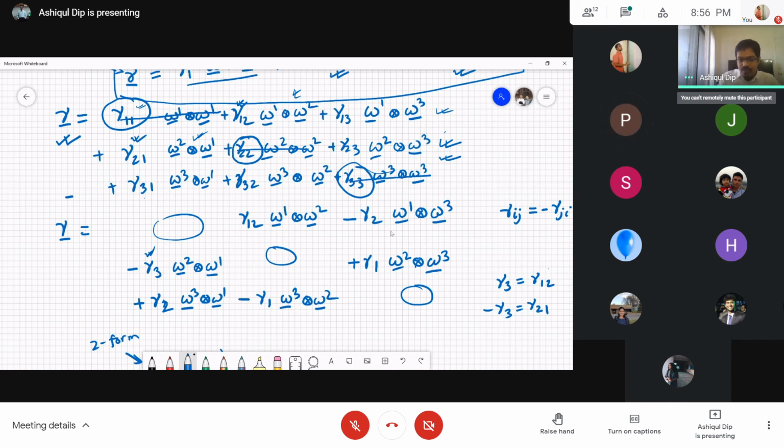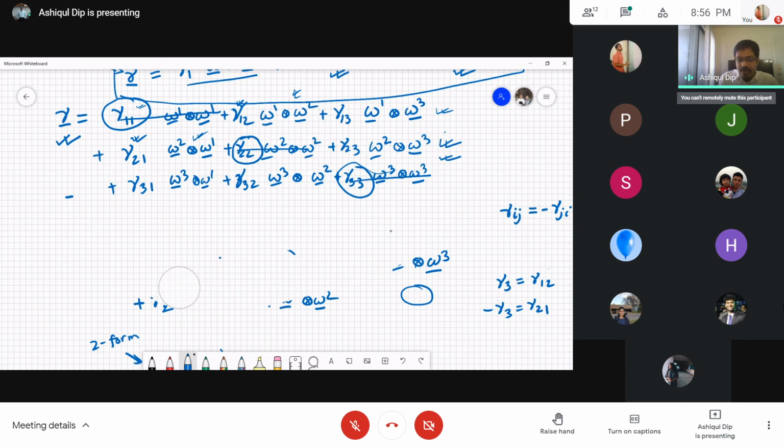So now, instead of considering it a 0 2 tensor, we just write in terms of basis with wedge products. Then we might assume gamma has some components, big gamma mu nu, times omega mu wedge omega nu.